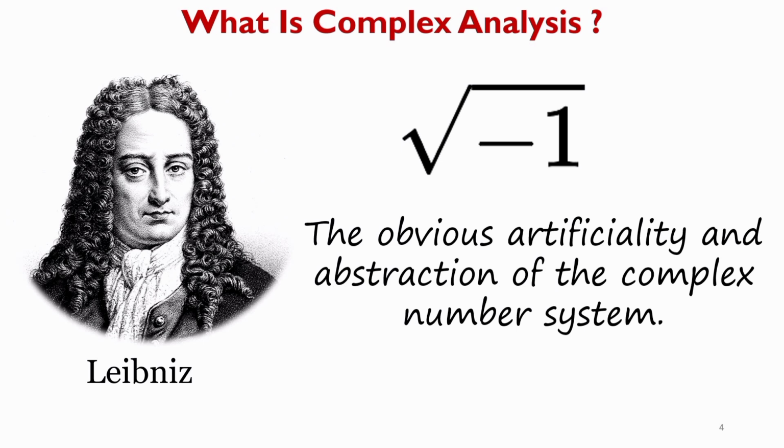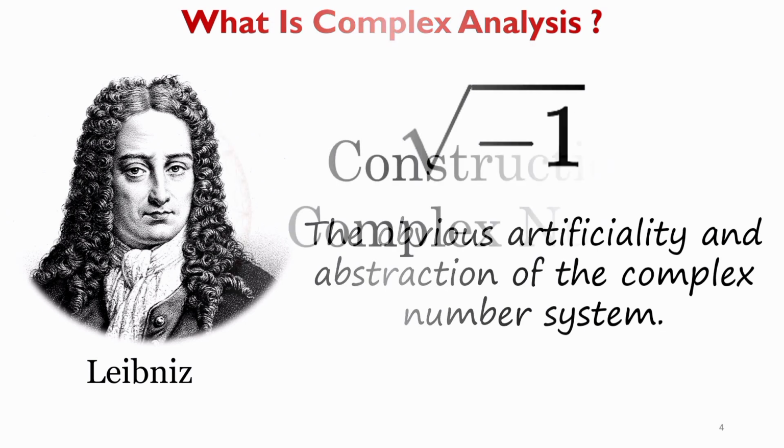But the mathematicians of today see the real numbers as possessing a similar artificiality and abstraction. We are talking of the time when Leibniz discovered this, and it was still not fully accepted, and there is a kind of abstraction which I think still exists. This is the famous quotation and how mathematicians during that time perceived complex numbers.